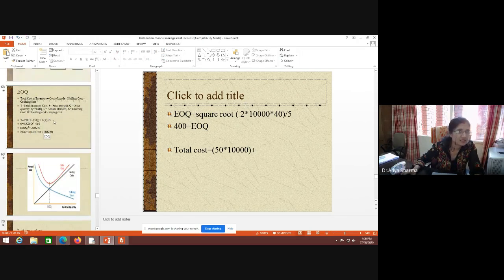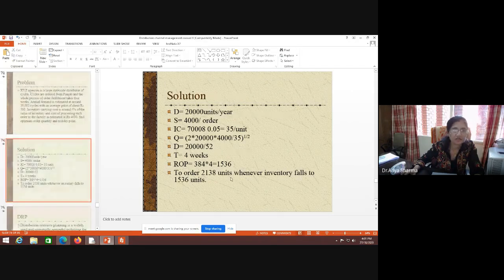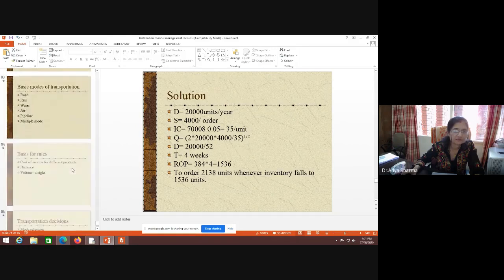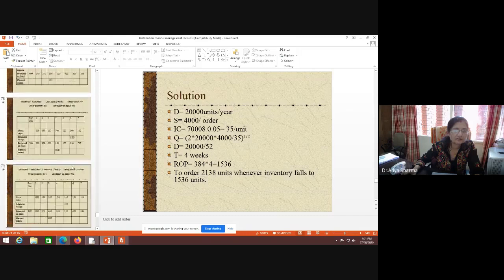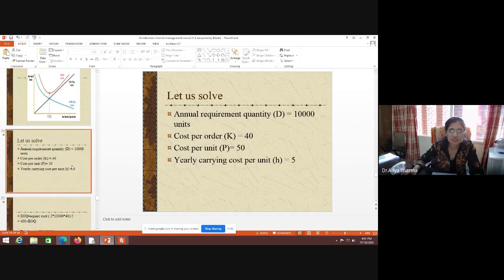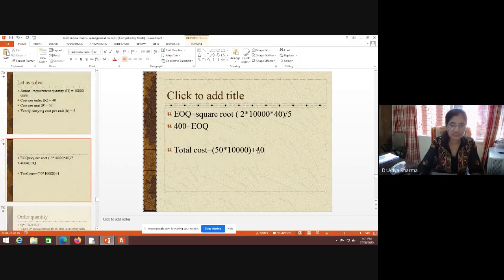Then it was your carrying cost, which, as it shows over here, is 40, into the number of orders. So 10,000 divided by 400.